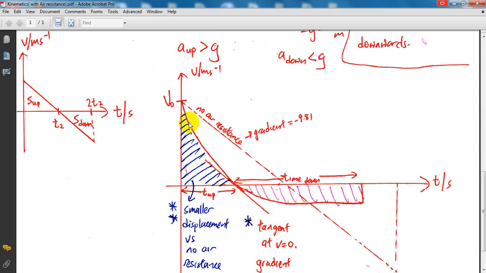Right, so for me to cover the same area as this blue area over here, which is the displacement covered upwards, for me to come back down, I must cover an equal displacement that is negative, right? So I should take a longer time, simply because of the curvature of the graph. But I cover less displacement here per unit time as opposed to here. Right, so that's one way to look at it from the graph.